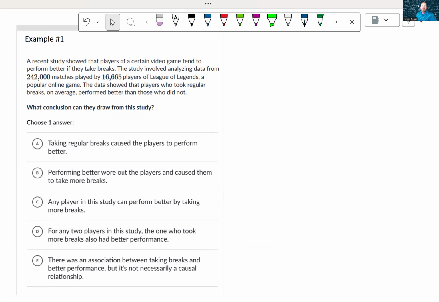Okay, so reading back on this, the key idea is that the researchers did not tell the players to take the breaks. The researchers observed that players naturally took breaks and they compared the results. So this is an observational study. That's the first thing that I noticed from this.